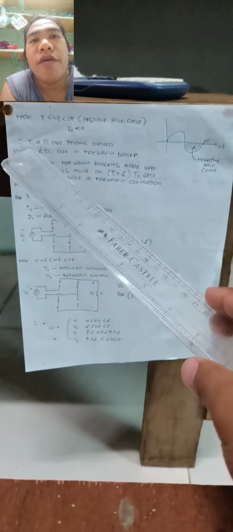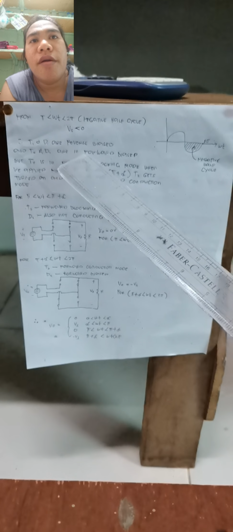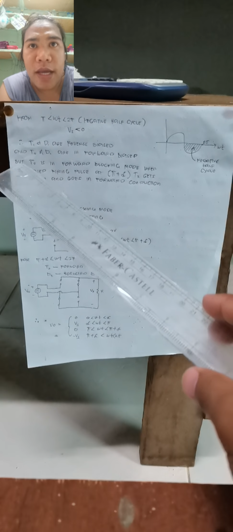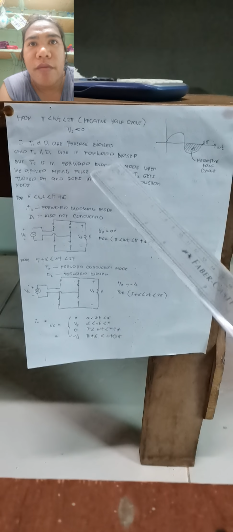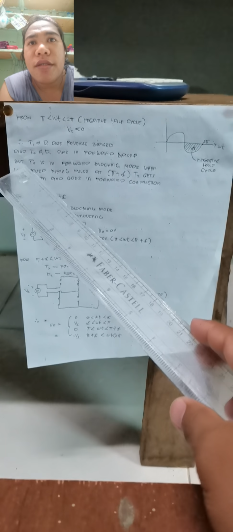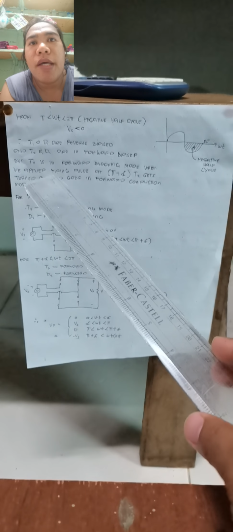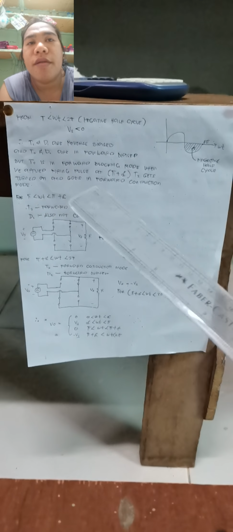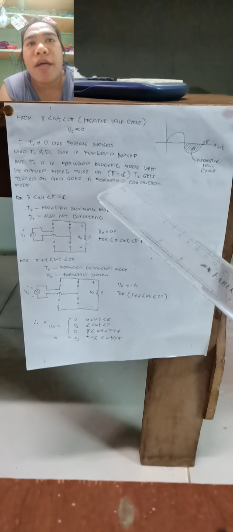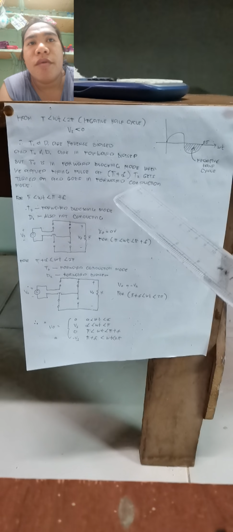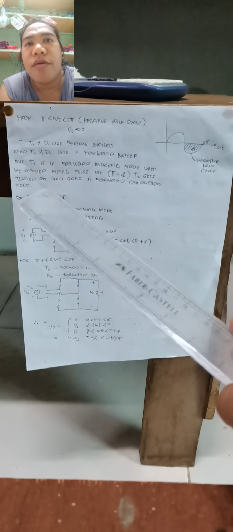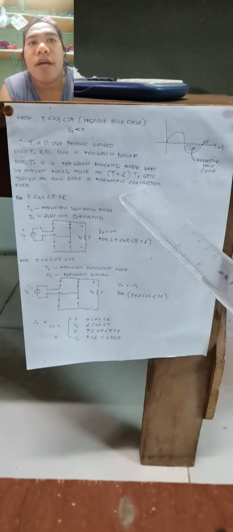Therefore T1 and D1 are reverse biased and T2 and D2 are forward biased. Since T2 is in forward blocking mode, we apply a firing pulse at π plus lambda, so T2 turns on and goes into forward conduction mode.